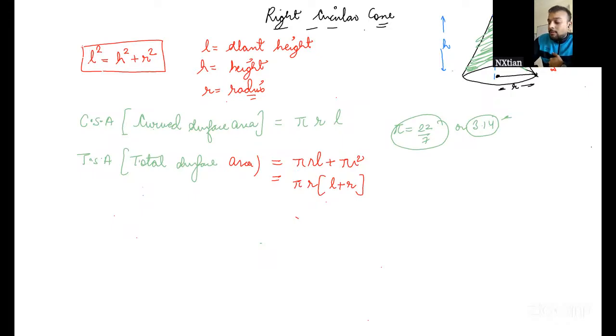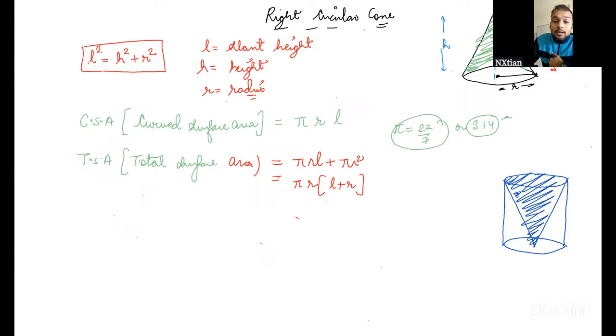Now for the volume. It is seen that if I am making a cylinder, and inside that with the same base, same radius, I make a cone of the same height, then the cone is actually one third of the volume of the cylinder.